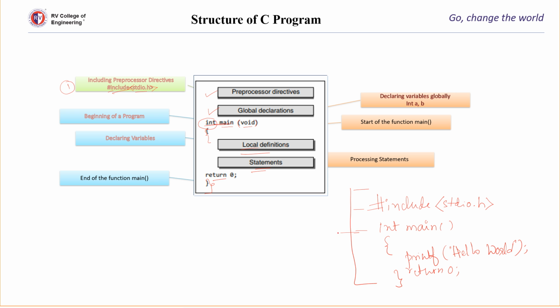You can as well write the main statement as void main, right? Now what does this return type tell? It so happens that your operating system calls this particular program.